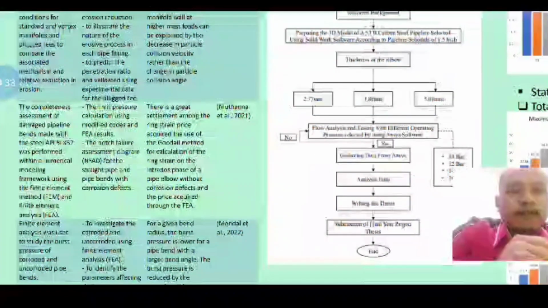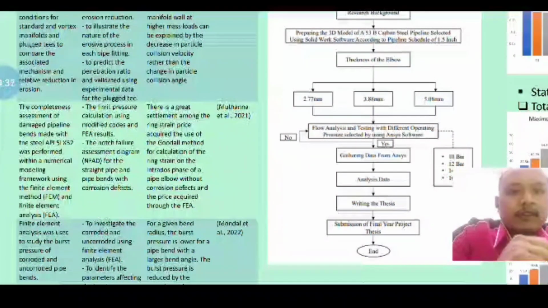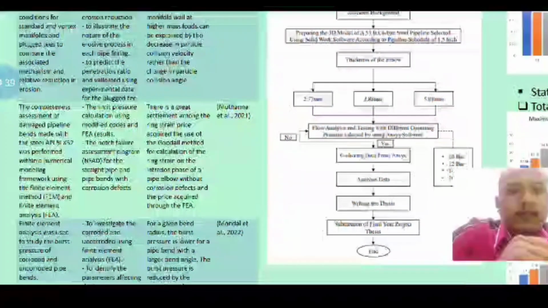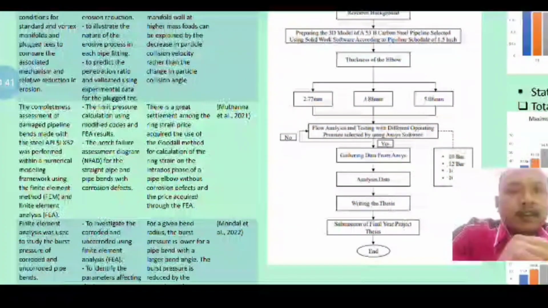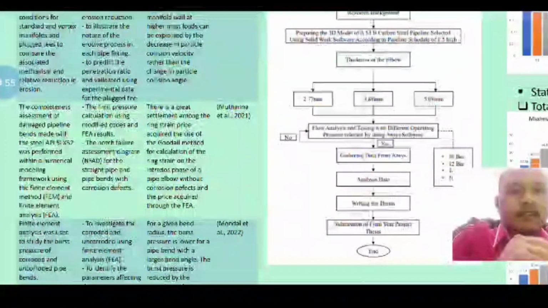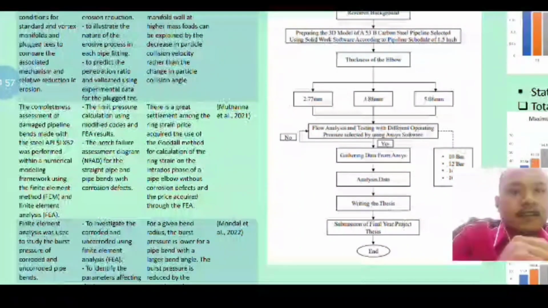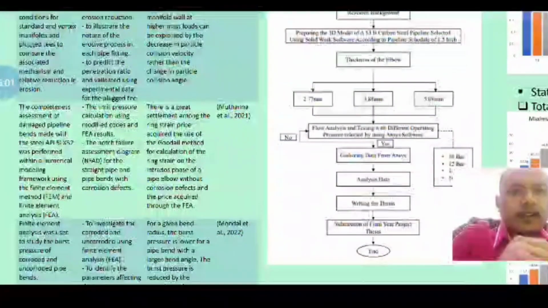The objective of the study is the limit pressure calculation using modified codes and FEA results. Secondly, the failure assessment diagram for the straight pipe and pipe bends with corrosion defects. And the finding is there is a great settlement among the ring strain price, which required the use of the Goodall method for calculation.